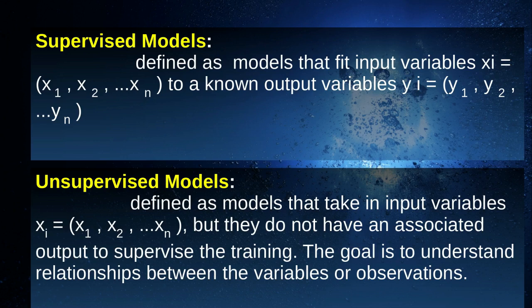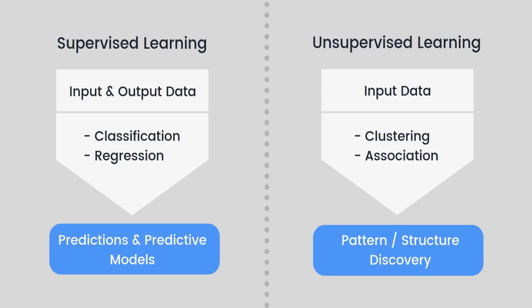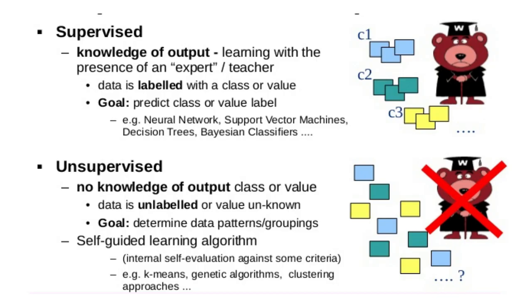That is, supervised learning is where you have input variables x and an output variable y, and you use an algorithm to learn the mapping function from the input to the output, y equals f of x. The goal is to approximate the mapping function so well that when you have new input data x, you can predict the output variables y for that data.